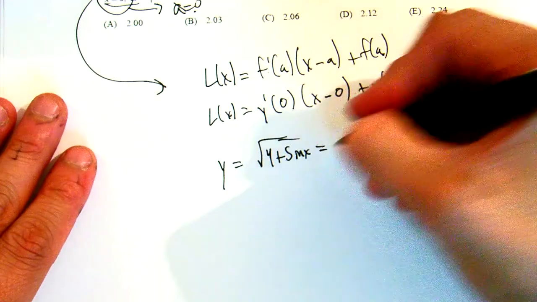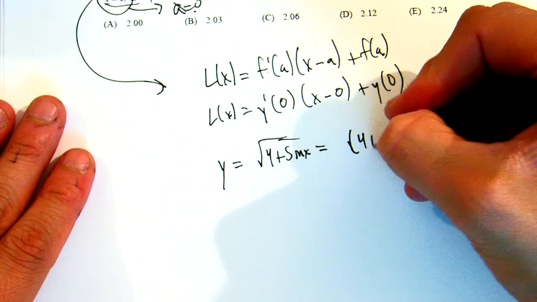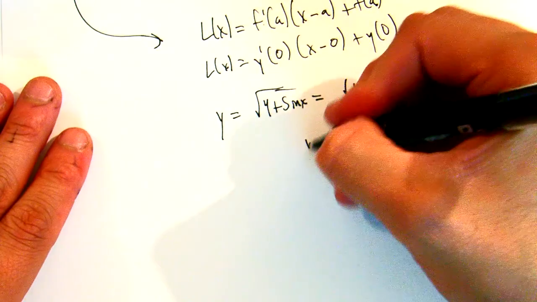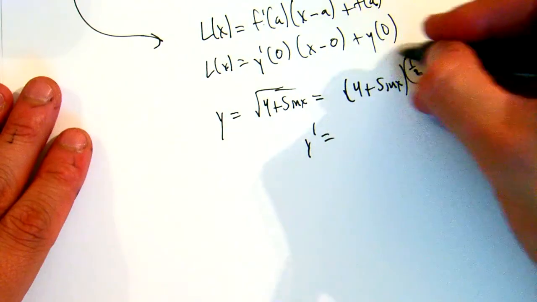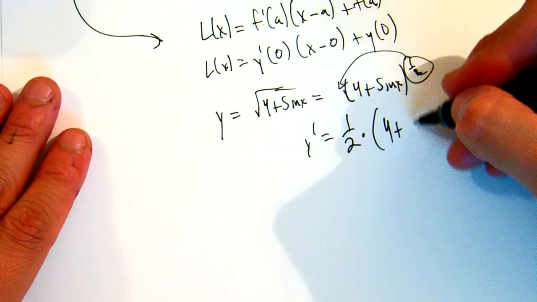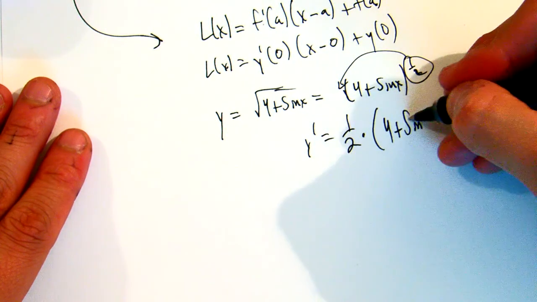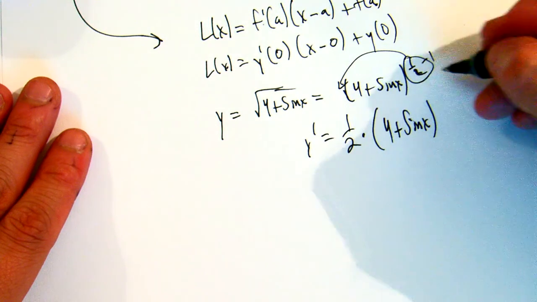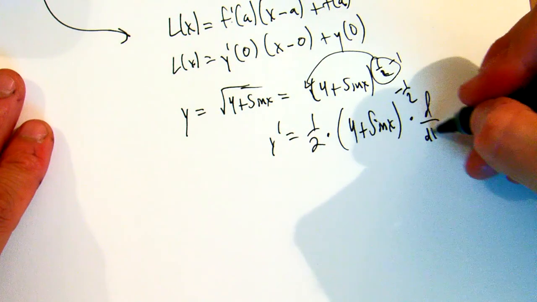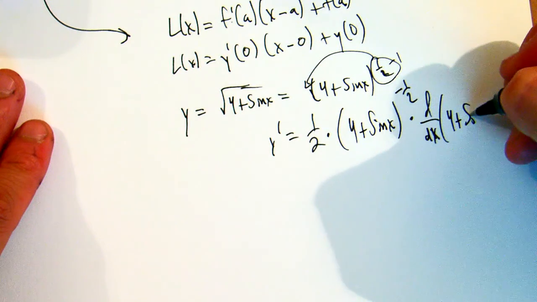I need to rewrite this to differentiate, so it's going to be 4 plus sine of x to the 1/2. Now y prime is, power rule, 1/2 times the quantity 4 plus sine of x to the 1/2 minus 1, which is negative 1/2, times the derivative of the inside, right?